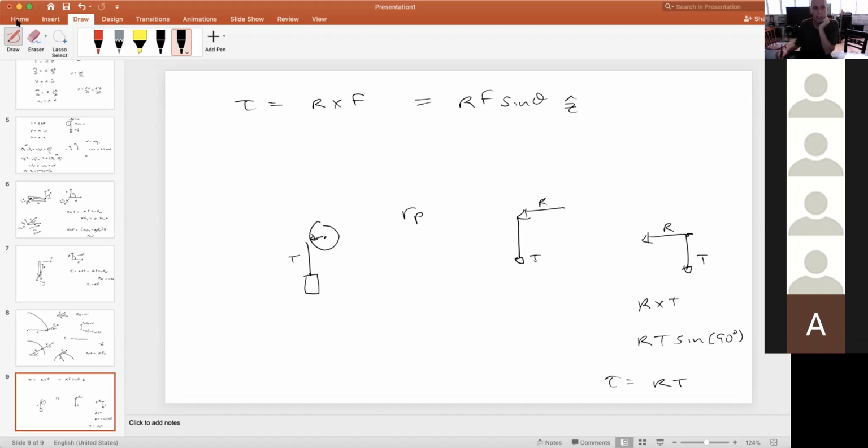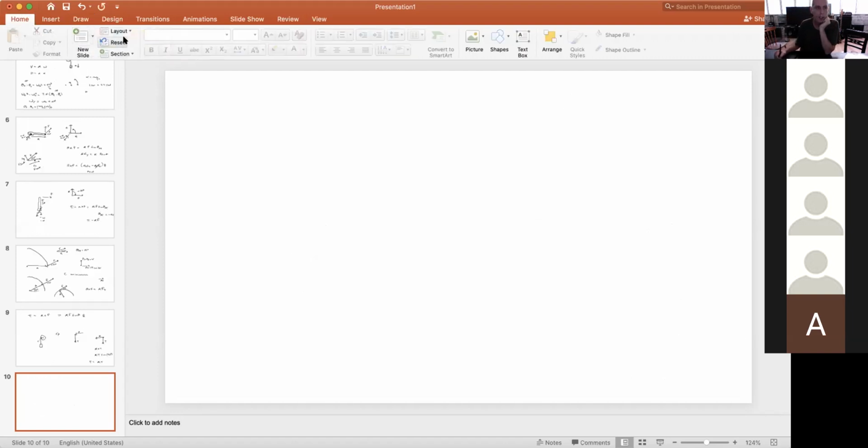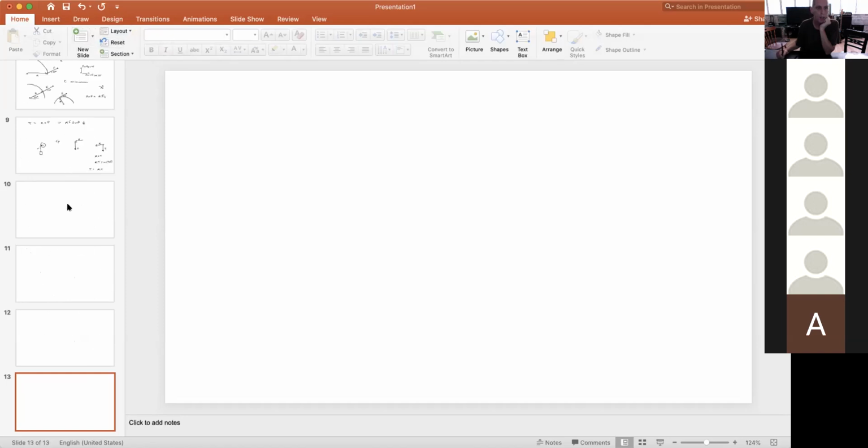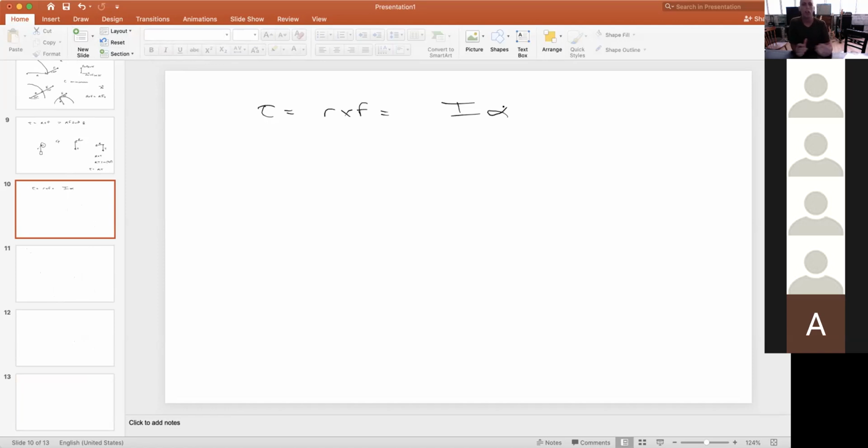The next thing to understand is that torque is actually equal to something called I alpha. And now here's where the physics actually is. We used to do a lab, or we do a lab, where you have to give the Newton's second law equivalence for torque.